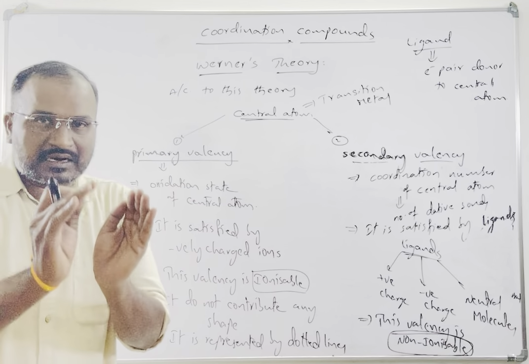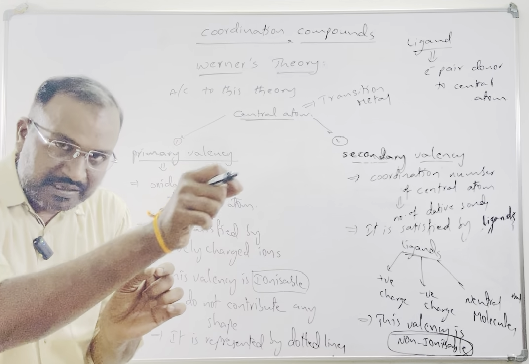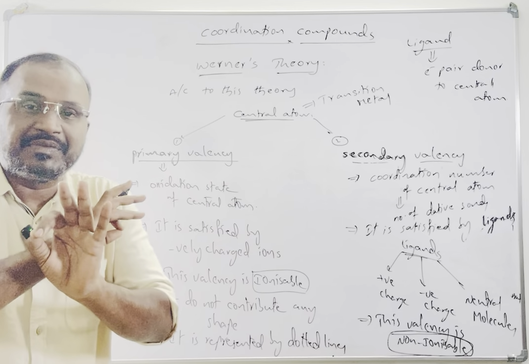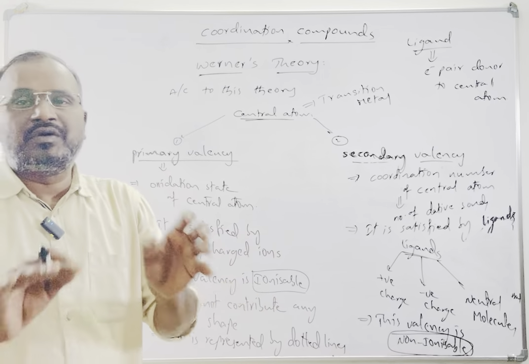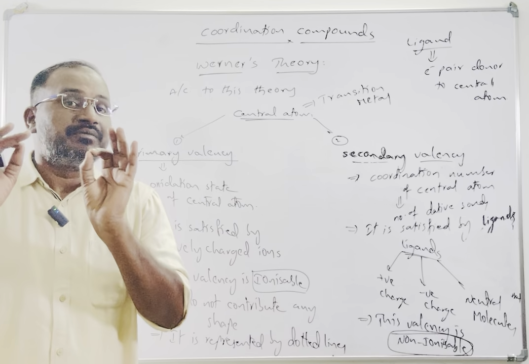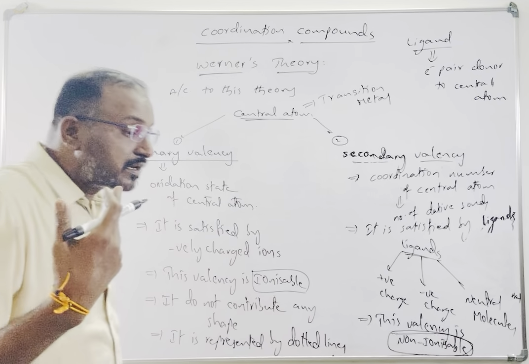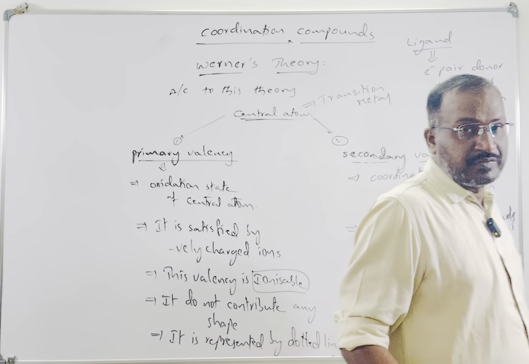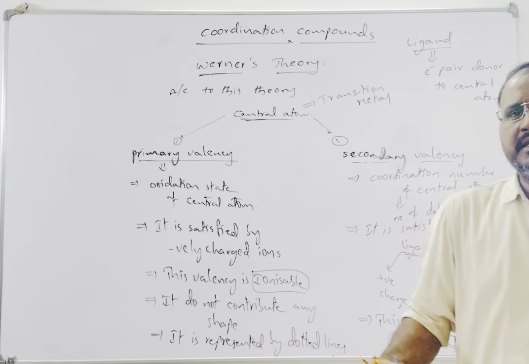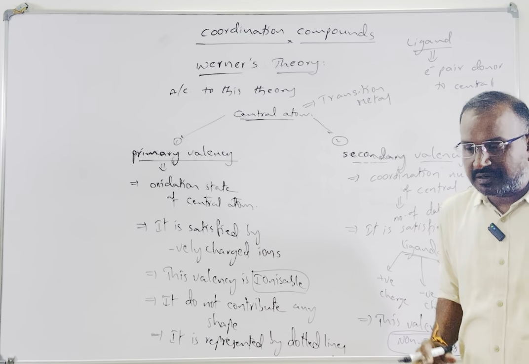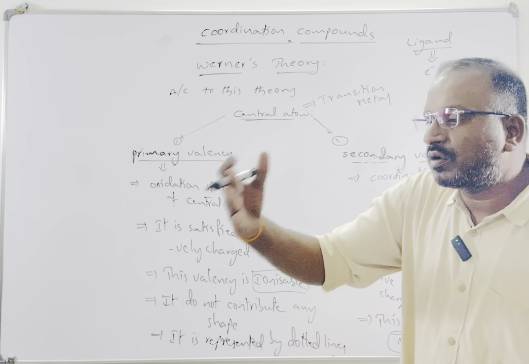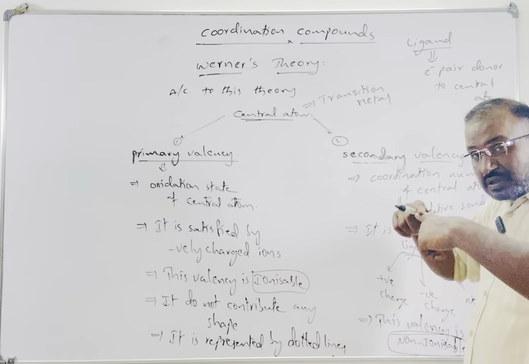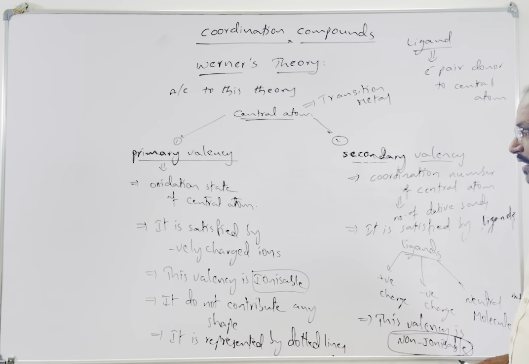Once an ion or atom or molecule is forming a dative bond with the central atom, that becomes fixed, never coming out as an ion. Because it is non-ionizable, it is a covalent bond, a coordinate covalent bond, by giving an electron pair and coordinating with the central atom.